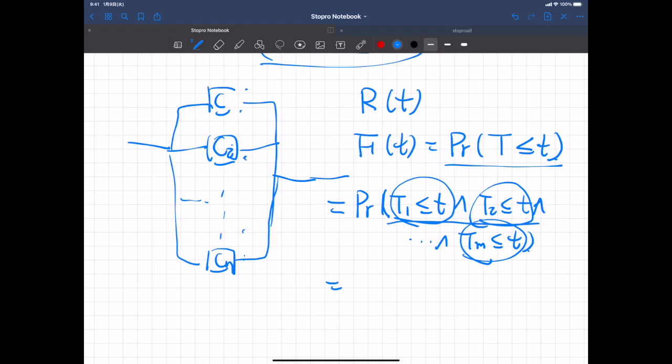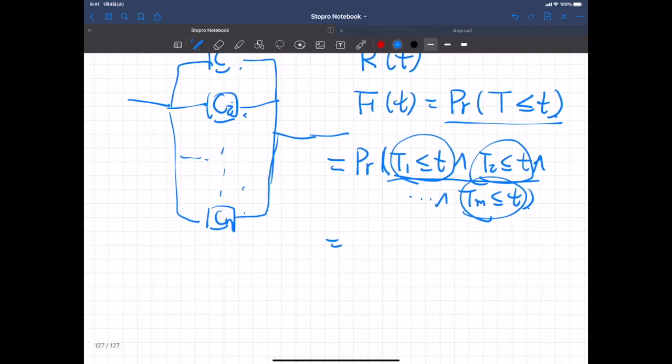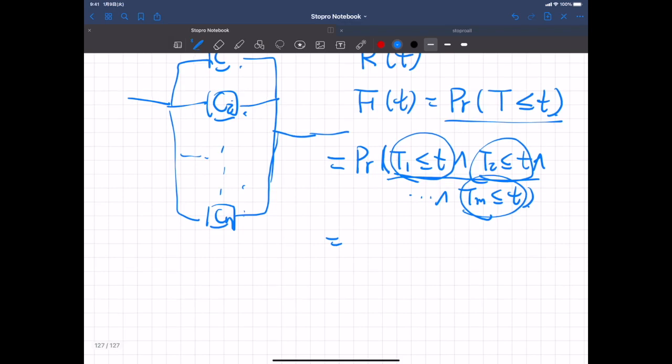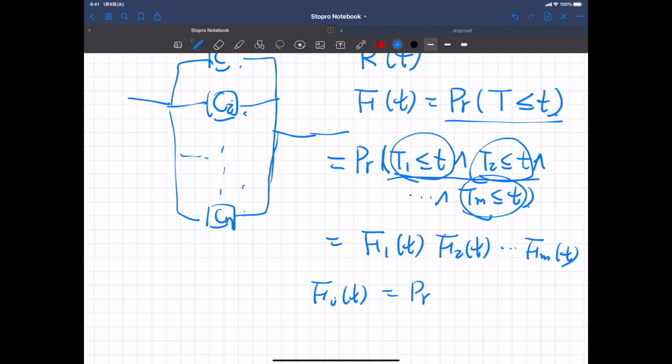So if we assume the components are independent, then this reduces to the product of each distribution function for component 1 and component 2 and component m, where Fi is the probability that Ti is less than or equal to lowercase t.